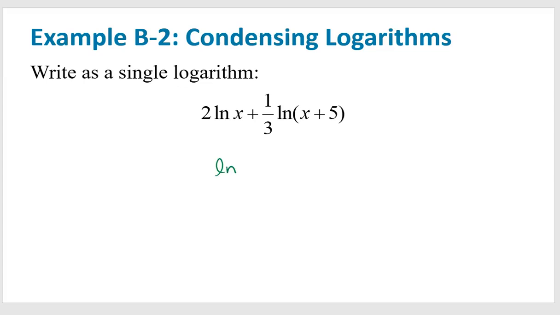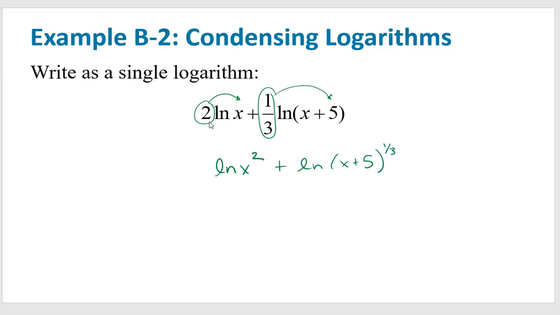So the natural log of x squared. This 2 can be brought up as a power. Same thing with this 1/3, that can be brought up as a power. So this will be plus the natural log of x plus 5 to the 1/3 power.